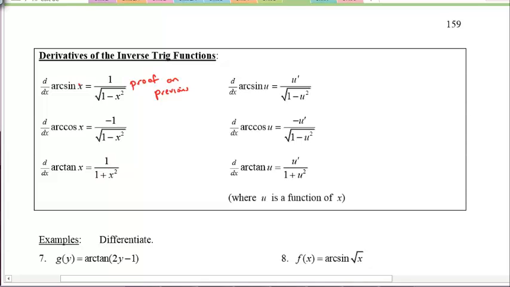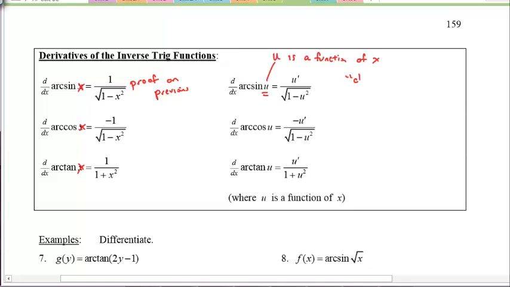Now these derivatives are only for x. Okay? Very simple x. But most of the time, you're not given x, but you're given a function. So note it, u is a function of x. So how do I find the derivative of arcsine of a function? It has the same form with the denominator, and instead of having x, you replace it with u, but there's this extra bit, the u prime, that appears in the numerator.